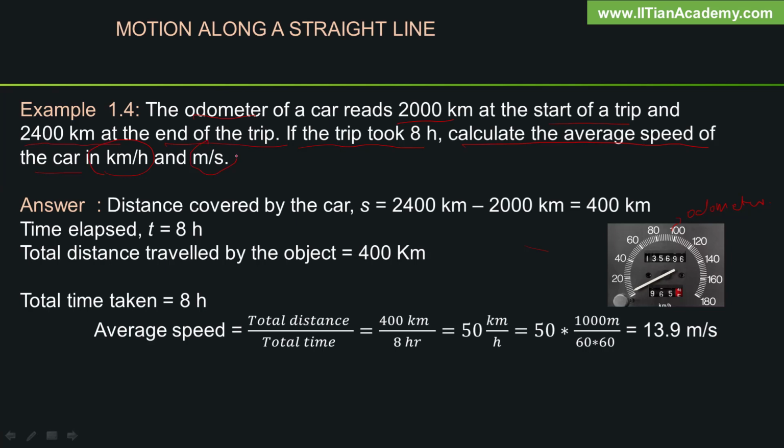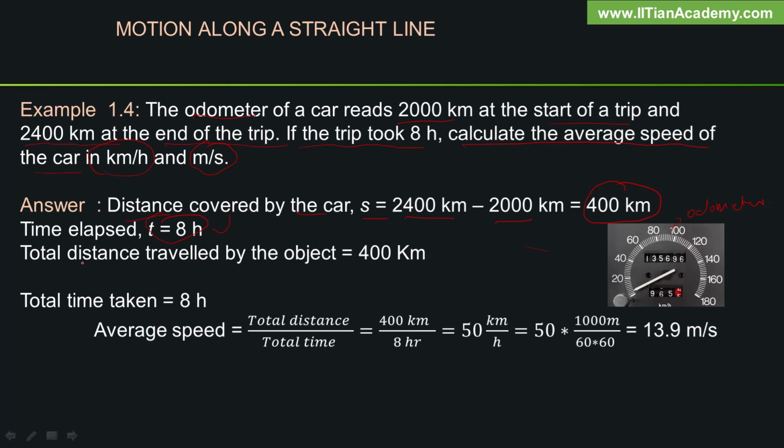and meters per second. Distance covered by the car S equals 2400 kilometers minus 2000 kilometers equals 400 kilometers. Time elapsed T equals 8 hours.